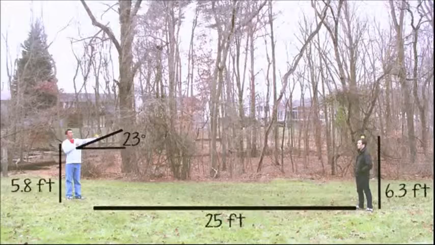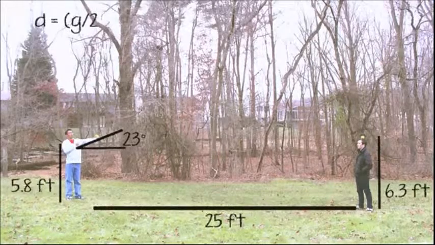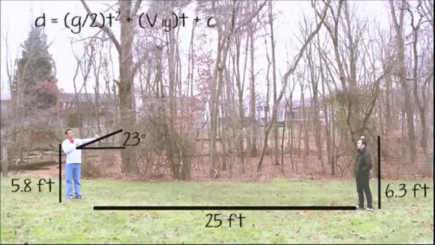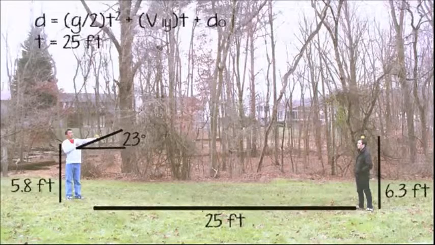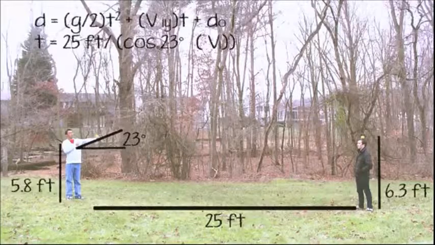We can set it up with that equation as distance equals half of acceleration due to gravity multiplied by time squared plus initial velocity in the y direction multiplied by time plus our original height. Because time equals distance over initial velocity in the x direction, and the initial velocity in the x direction equals the cosine of 23 degrees times the initial velocity, we can say that time equals 25 feet over the cosine of 23 degrees times initial velocity.